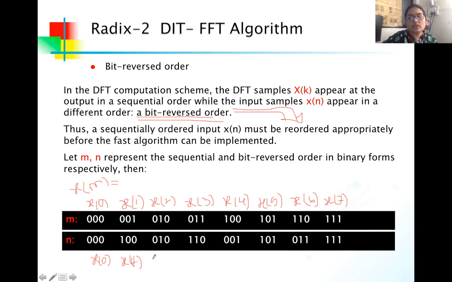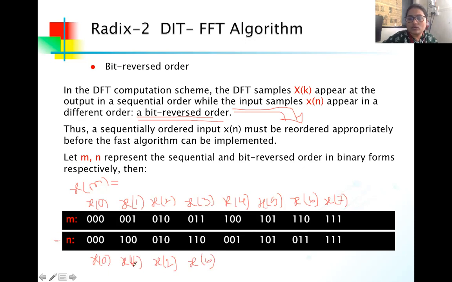Then here it is the x2 value, and here it is the x6 value. See here, the values are now shuffled. Values are reversed and have been reordered in terms of variable n in order to calculate the DIT FFT algorithm.